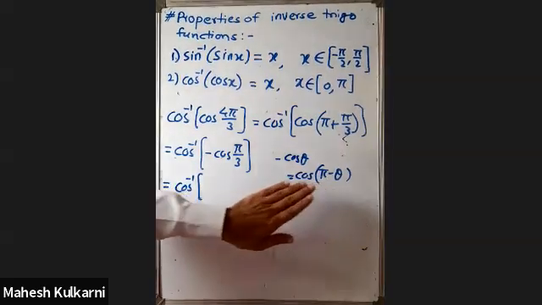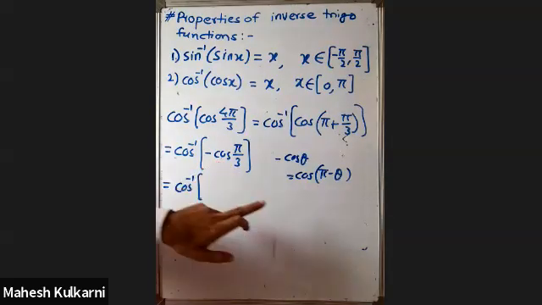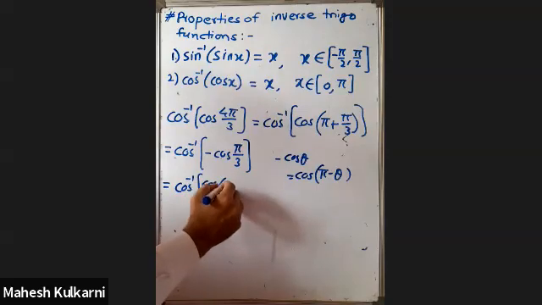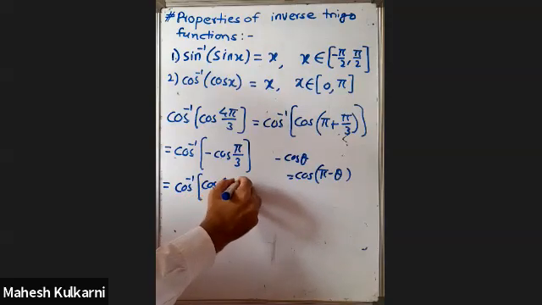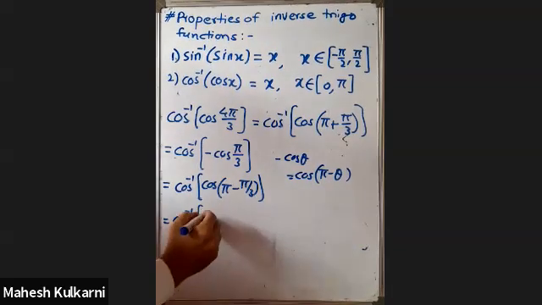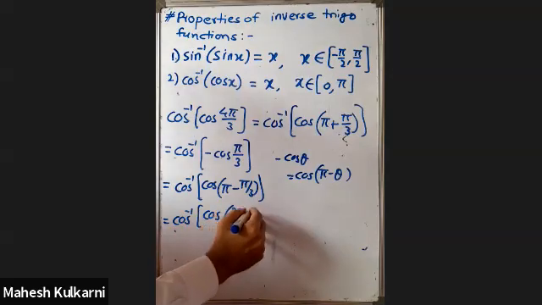Cos of pi minus theta is minus cos theta. So it is minus cos pi by 3. So apply this formula here. It becomes cos of pi minus pi by 3. So it is cos inverse of cos of 2 pi by 3.